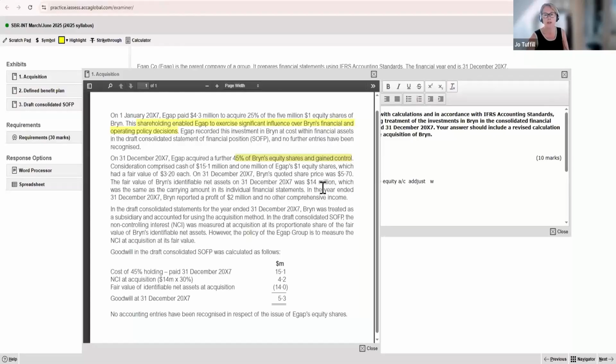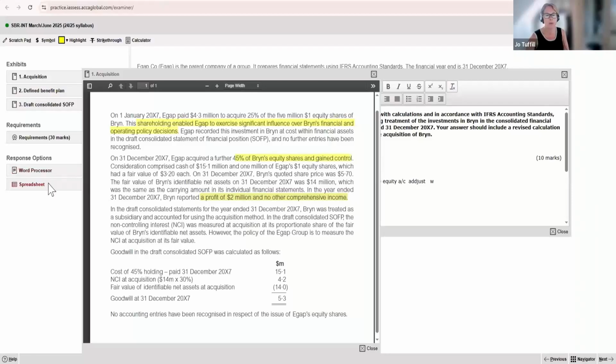The 14 million is your fair value of net assets, and these two are your extra consideration to be added to the fair value of the previous holding of 25% to get your goodwill. Okay. They reported, which is what I was looking for, 2 million profit with no other comprehensive income. So basically, this is what we're going to be equity accounting for, because they haven't done the equity accounting.